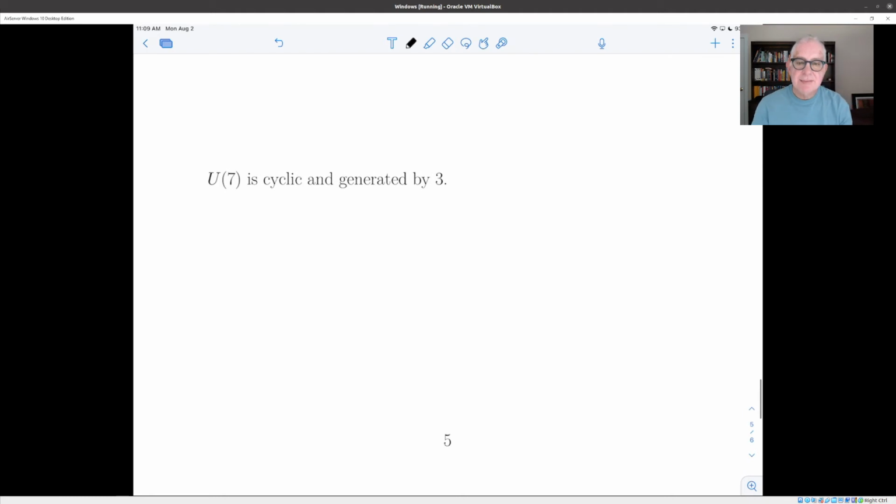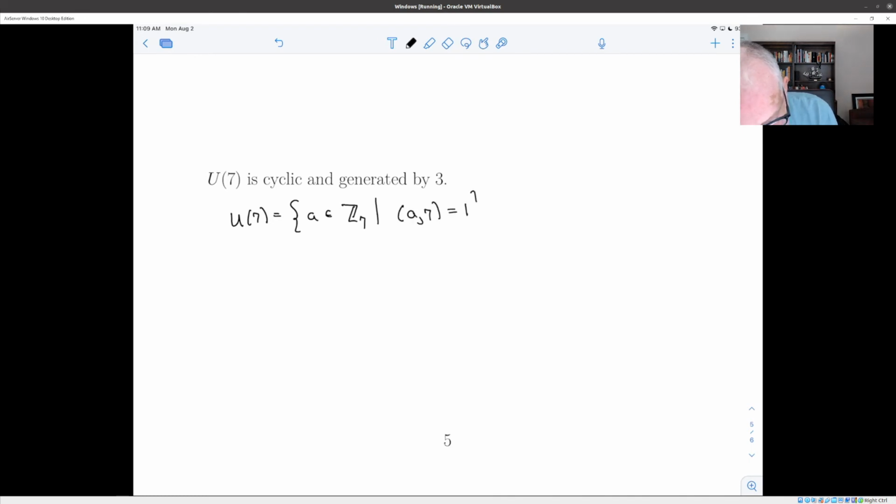Another example, U of 7. So remember what U of 7 is. U of 7 is the collection of A in Z7 such that the greatest common divisor of A and 7 is equal to 1 with the operation multiplication.